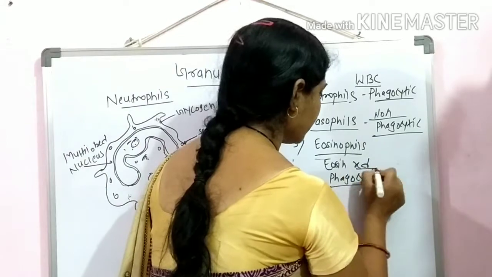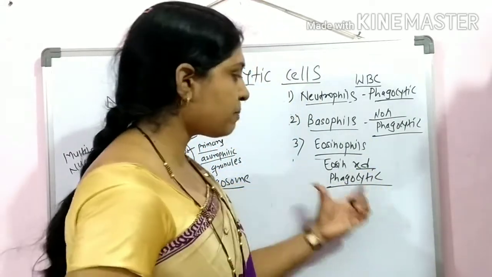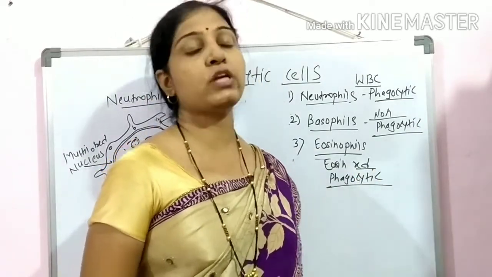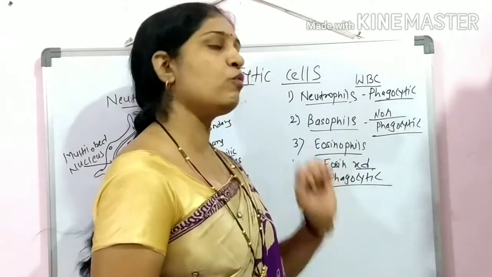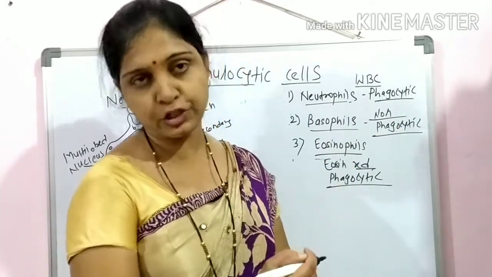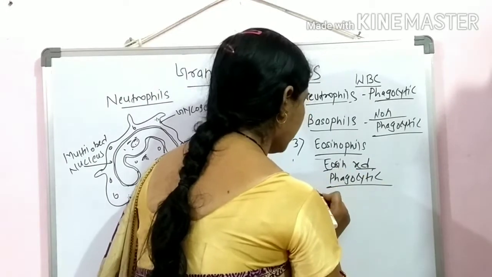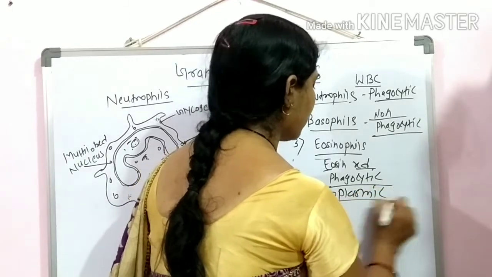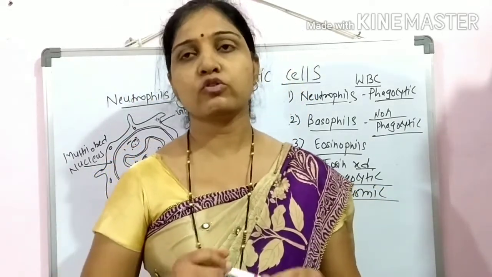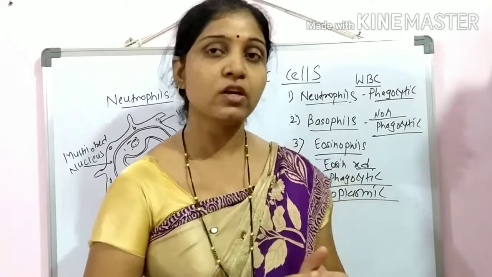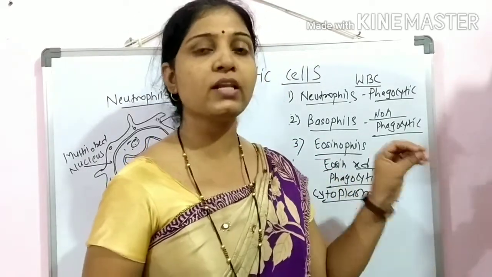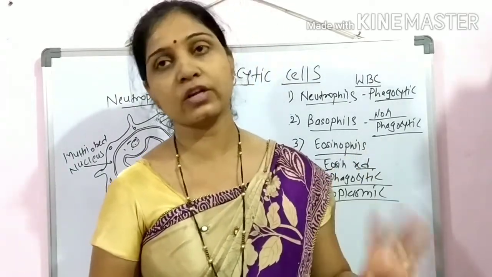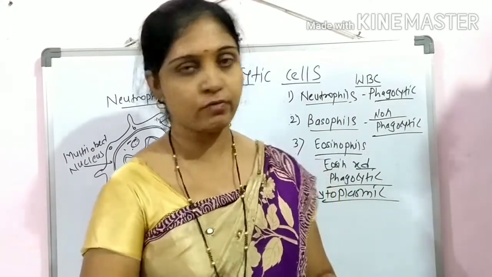However, their phagocytic activity is less as compared to that of the neutrophilic cells, but they are rich in cytoplasmic granules. So in different types of infections, there is a role of these eosinophils and the different cytoplasmic granules secreted by them, which are responsible for destroying the infecting microorganisms within our body.